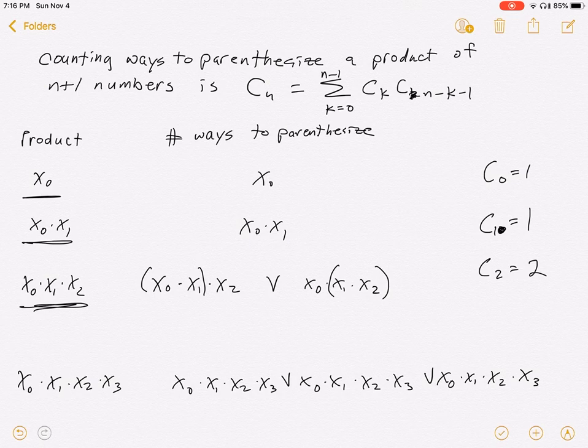On the left side, that first parenthetical looks like a C1, and the outside looks like a C0, and we have an OR here, which is like a plus. Then this x0 looks like C0, and the right side parentheses on the second one looks like a C1. So we get 1 times 1 plus 1 times 1 equals 2, which is C2.